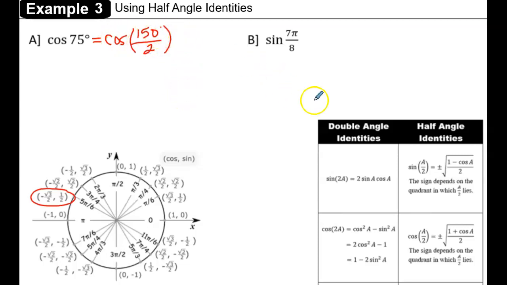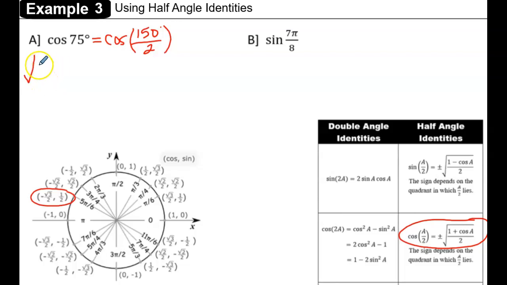So I would need a half angle identity for cosine, which would be this identity, and 75 degrees is a quadrant 1 angle where cosine is positive. So I'm going to use the positive square root as my identity.